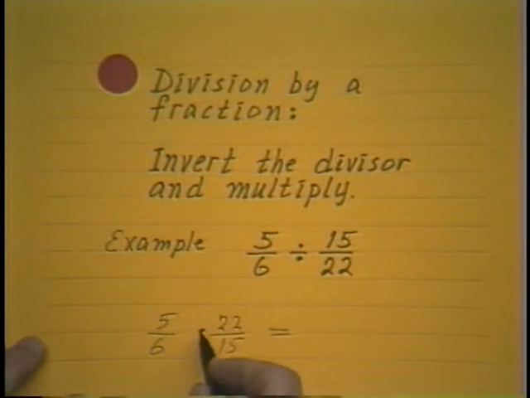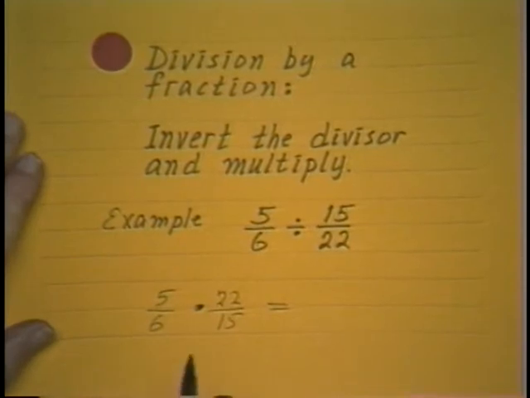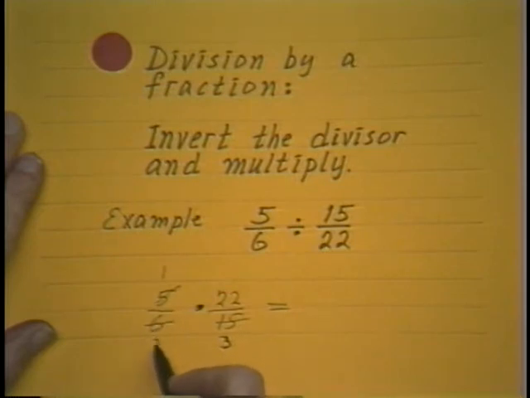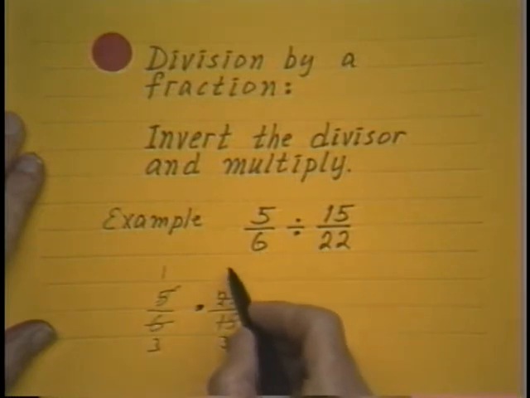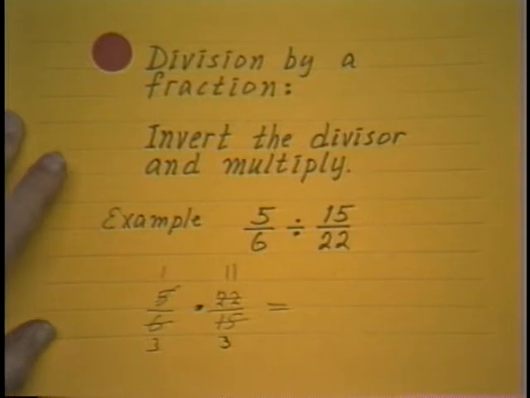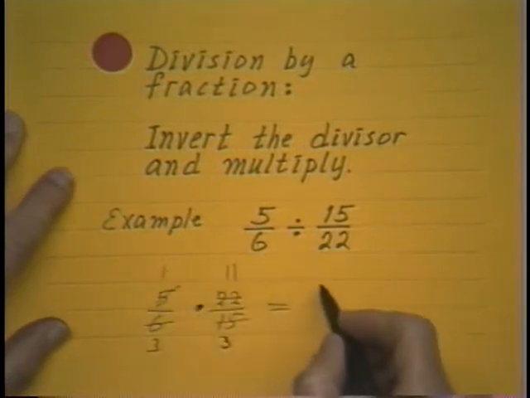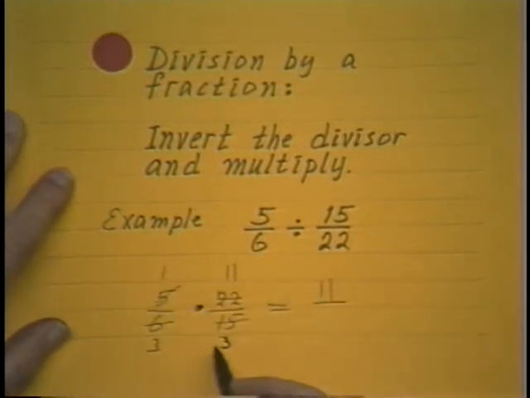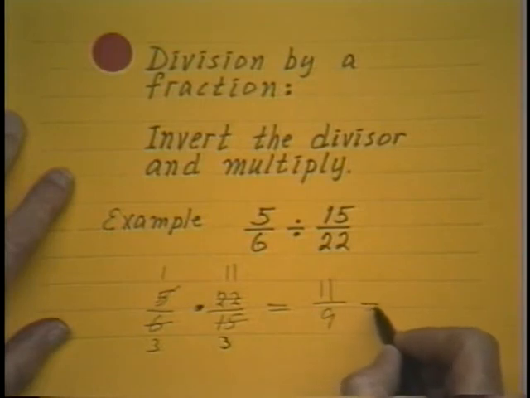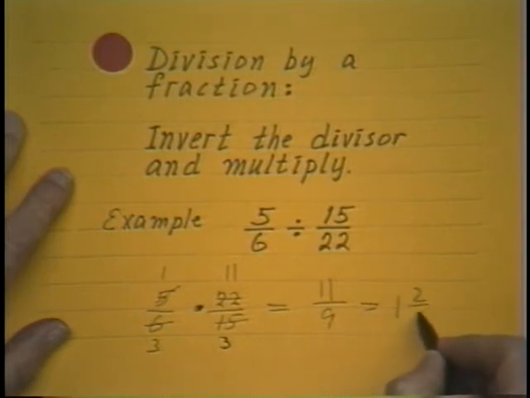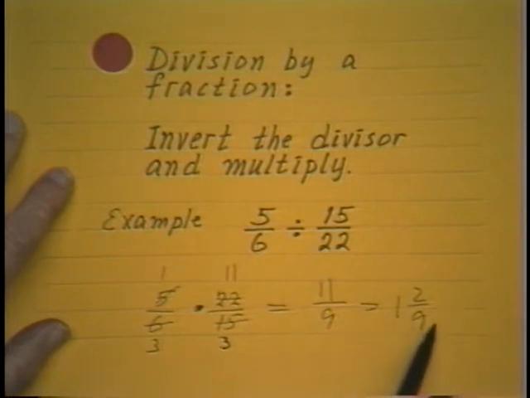Now if you're multiplying, you have permission to cancel. So in this case, 5 goes into 5 once, into 15 3 times. 2 goes into 6 3 times, into 22 11 times. 1 times 11 is 11. 3 times 3 is 9, or 1 and 2 ninths, if you want it written as a mixed number.